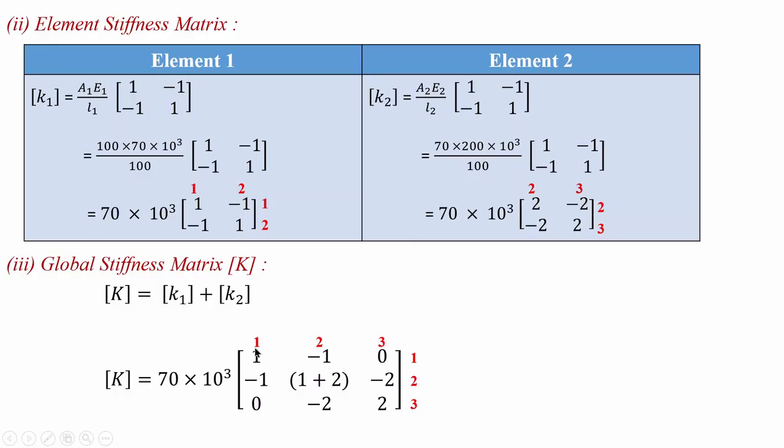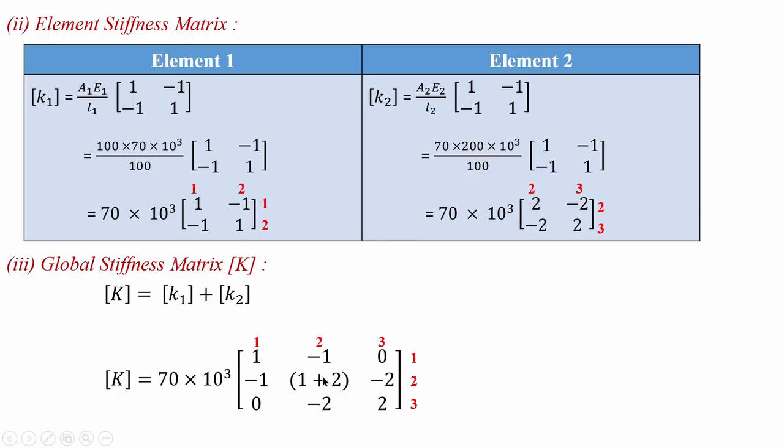Now for the second row first element, we have to look for column number 1 and row number 2. So that will have in element 1. So column number 1 and row number 2 will give us value minus 1. Now for column number 2 and row number 2, we have to look for both elements. In element 1, column number 2 and row number 2 gives a value 1, whereas in element number 2, it gives us value 2.